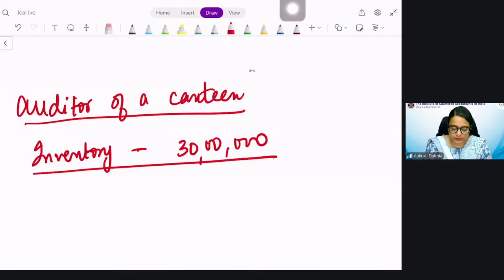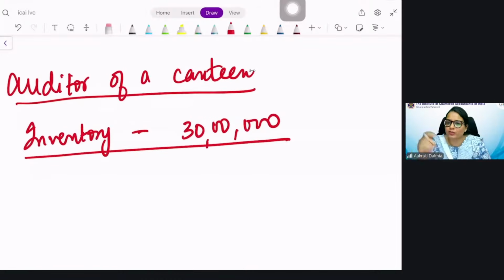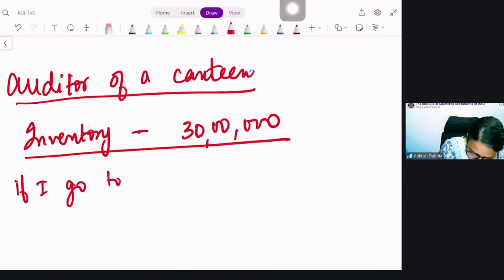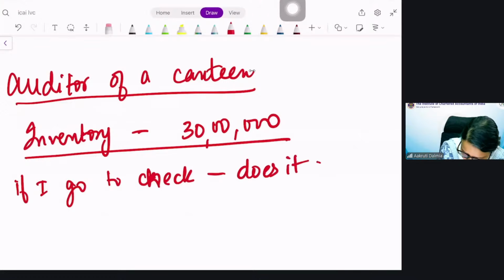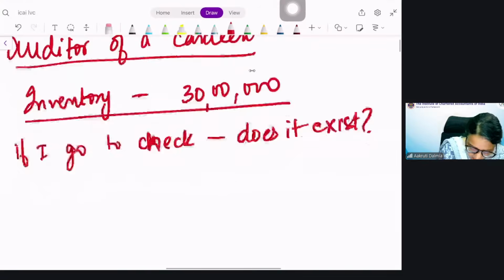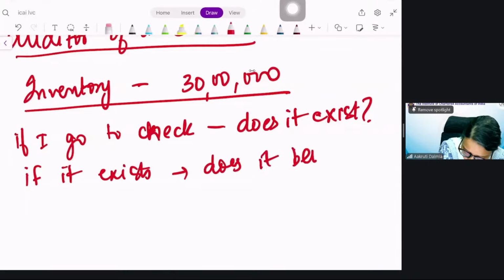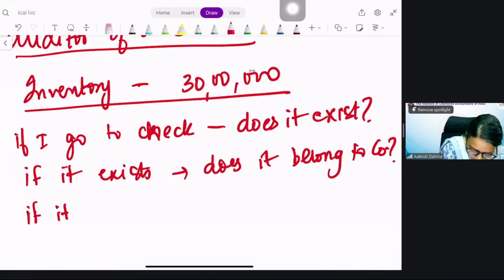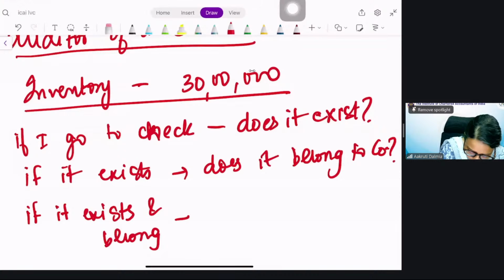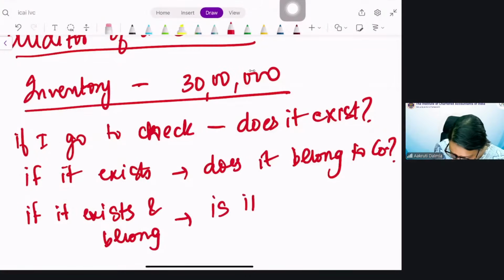What does it mean? It means the auditor will have these questions in his mind. If I go to check, does it exist? If it exists, does it belong to the company? If it exists and belongs, is it complete?